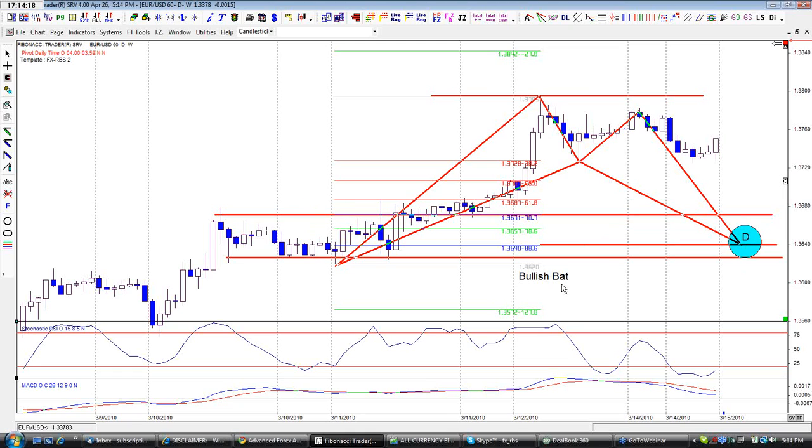Since we have this support zone, the probability of the pattern is a lot higher, because we'll see in this area buying interest. People would want to buy the pair. They bought the pair here.